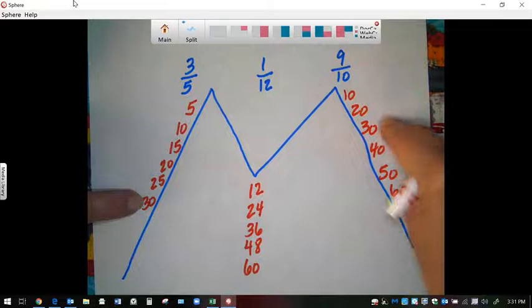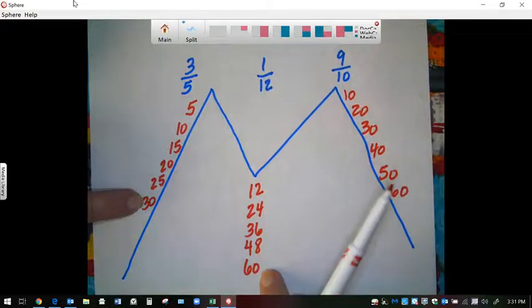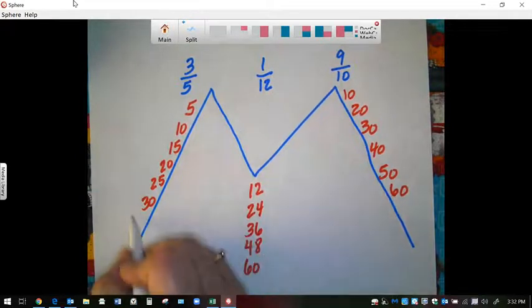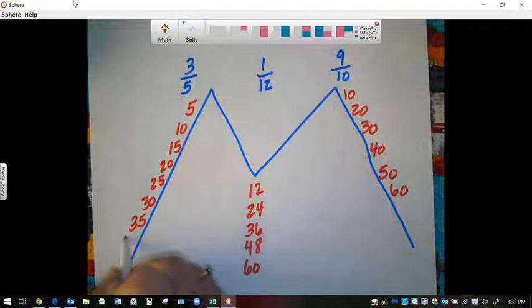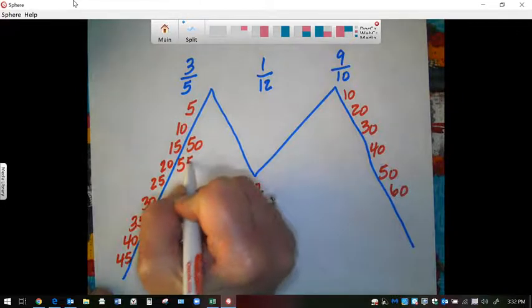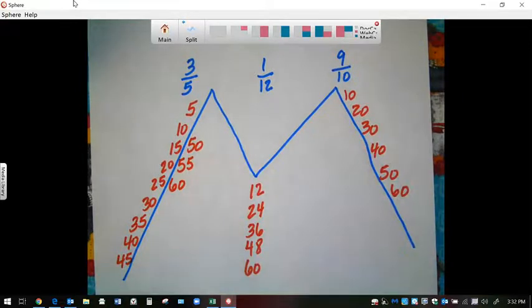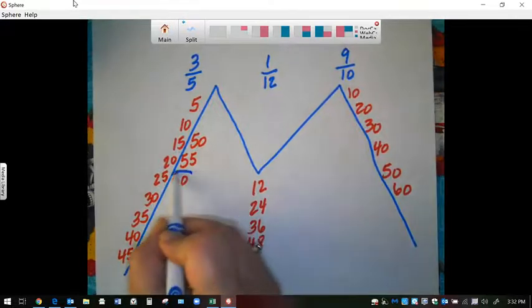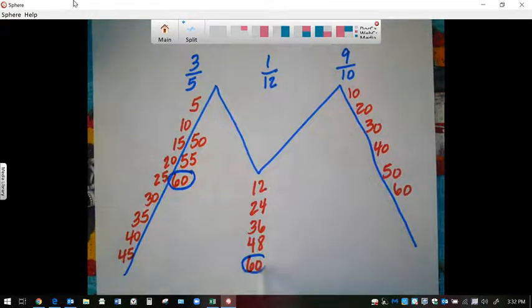Both of these share it, but it is not in my 12s. So unfortunately, since we have three fractions, you're going to have to keep on writing more multiples: 35, 40, 45, 50, 55, and 60. Now I see that they all share the multiple of 60.